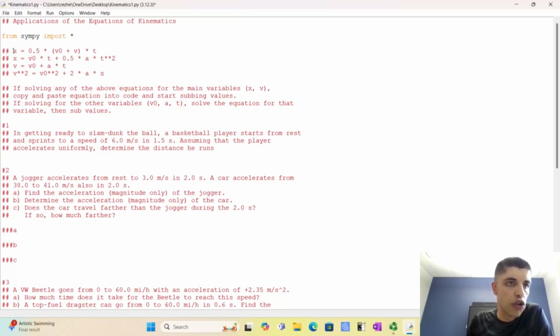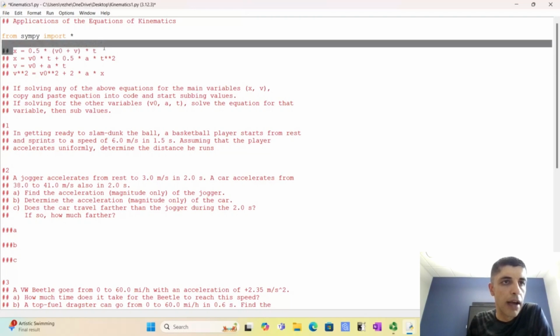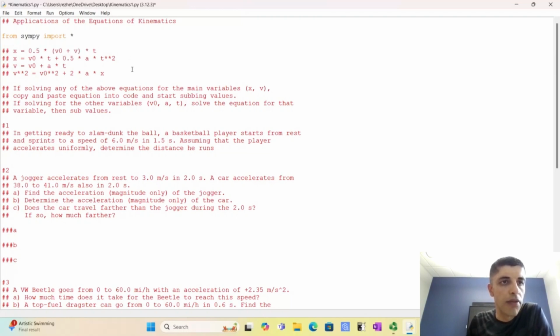These are the kinematic equations. If you recall, x is 1/2 times the quantity v naught plus v times t, or x is v naught t plus 1/2 at squared, v is equal to v naught plus at, v squared equals v naught squared plus 2ax. So those are the four equations that we'll be using.